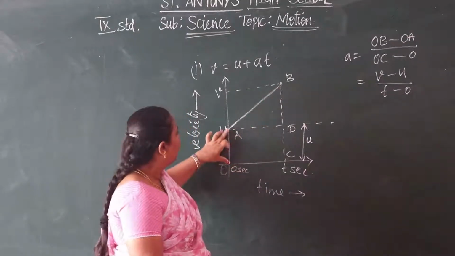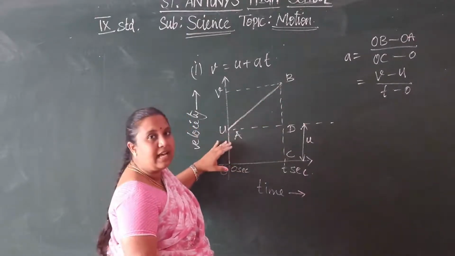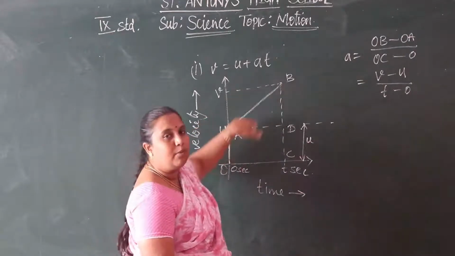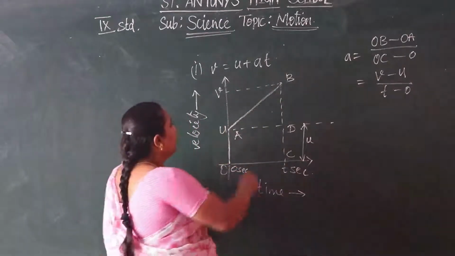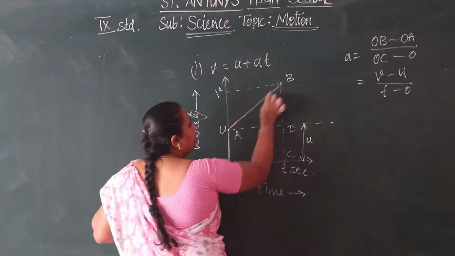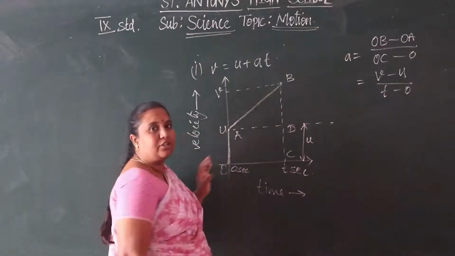OB minus OA, we are changing velocity. So the change in velocity from here to here is OB minus OA, which we found. Here it moves in the same direction, and from here to here it moves in a different direction.